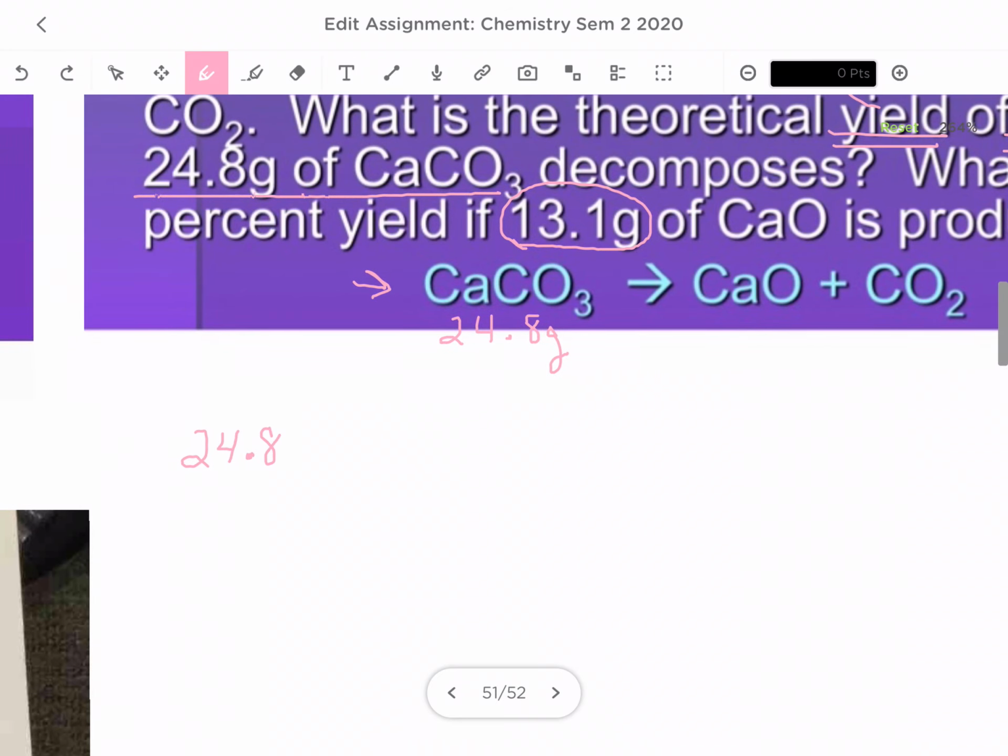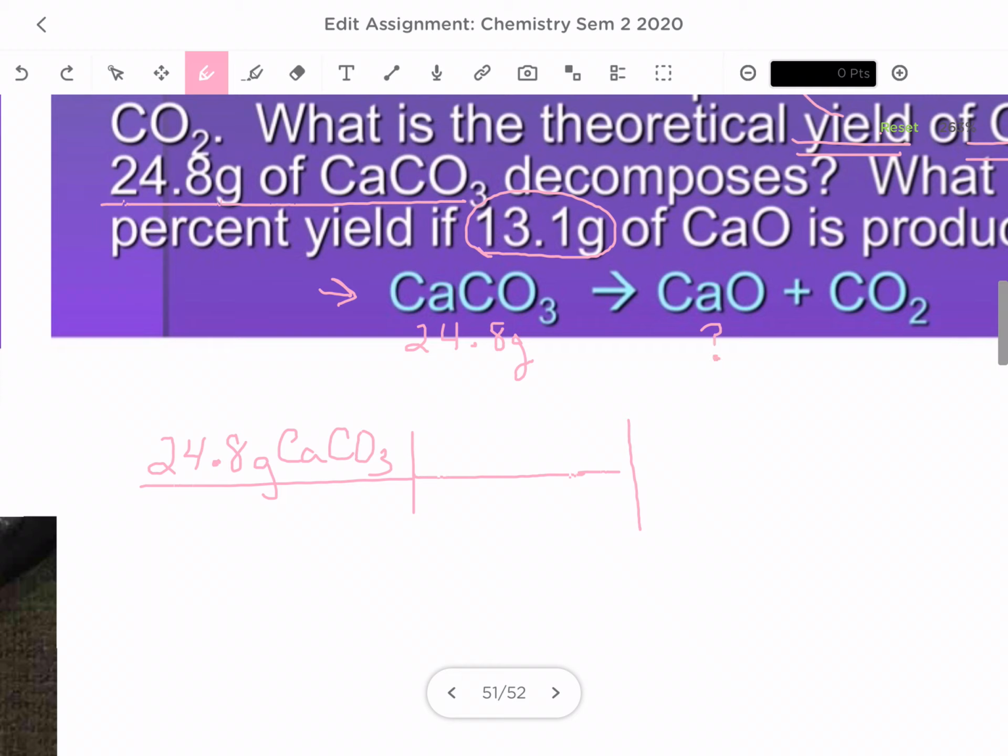I have to go from grams to moles. I'm just doing a stoichiometry problem. And I'm saying, how much of this can I make? Like in theory, obviously theoretical yield, in theory, I should be able to make this much. Okay, so grams to moles.